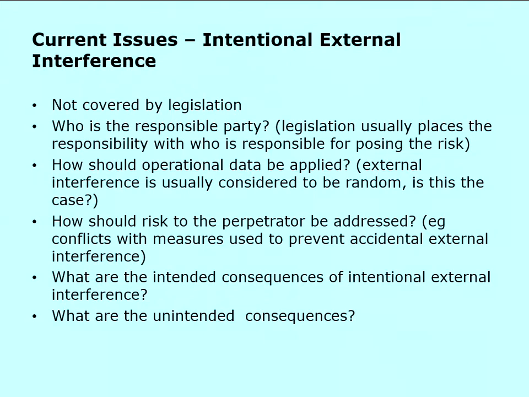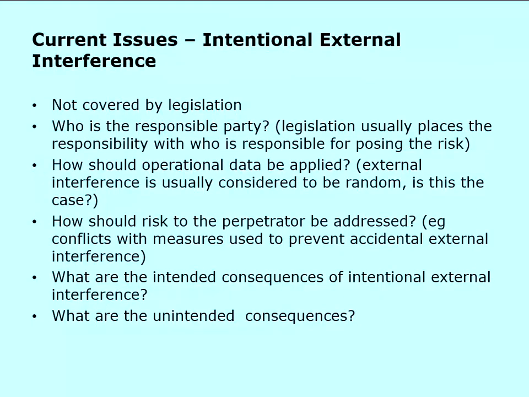What are the intended consequences? You've got to think about that because that will tell you what likelihood you've got of controlling it. If people are carrying out external interference because they think they're going to make lots of money, then it could be quite difficult to control it.